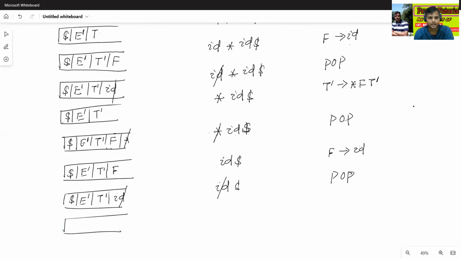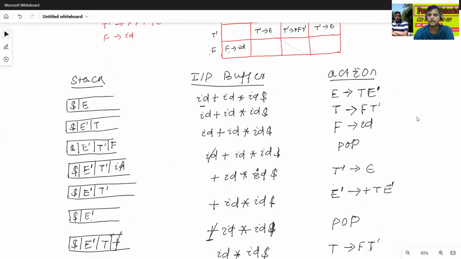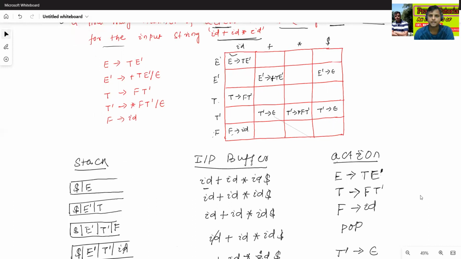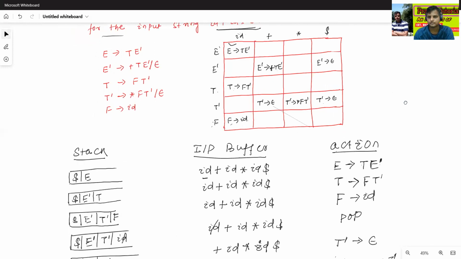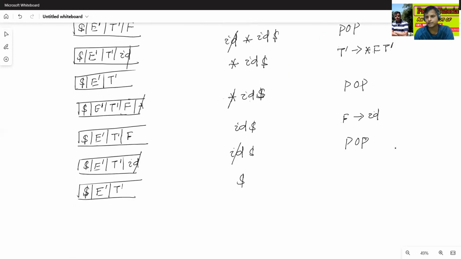Then the stack is dollar, E prime, T prime, and the input is dollar. So T prime on dollar: T prime to epsilon.